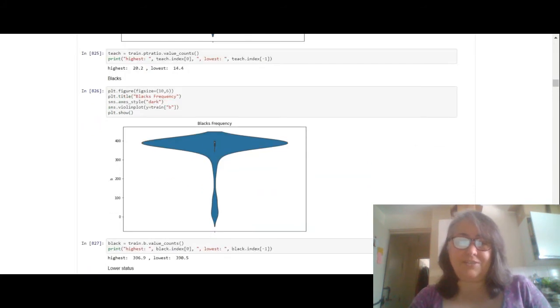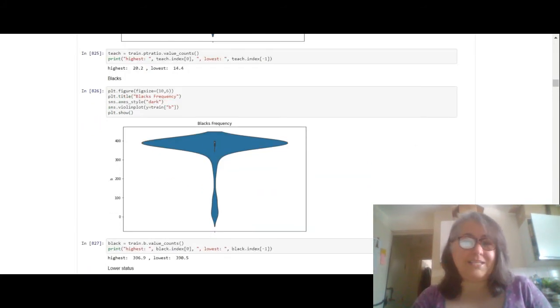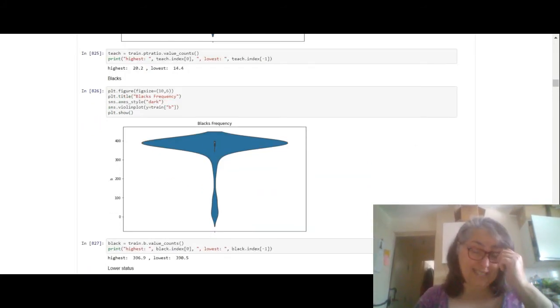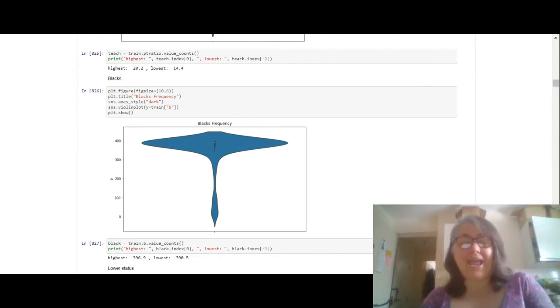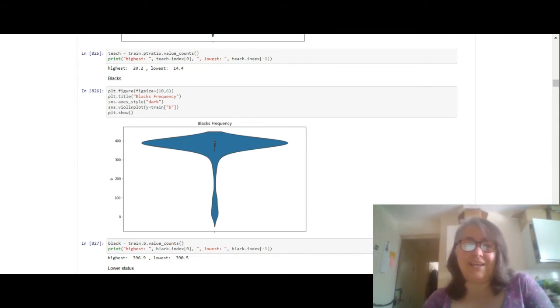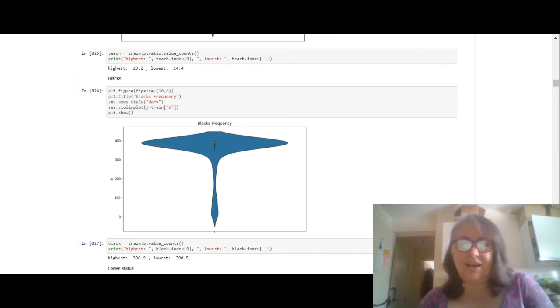And again, we get to the blacks, which again, I'm surprised. I'm amazed that Black Lives Matter hasn't got onto this website and said something. I'm amazed that the social justice warriors haven't demanded that this data set be taken down.